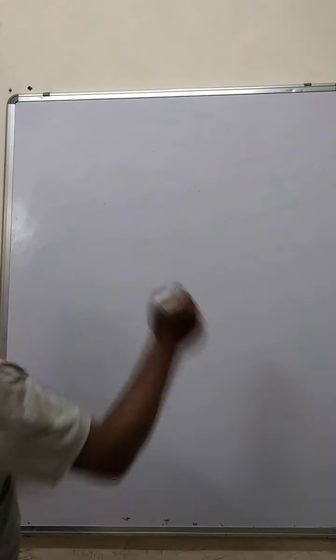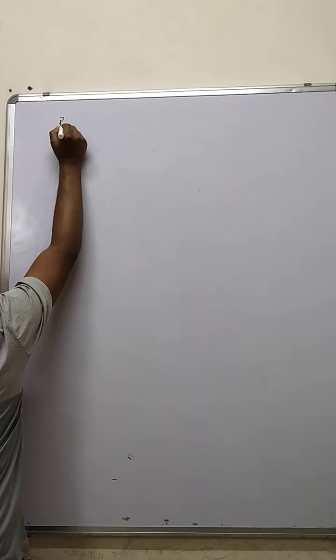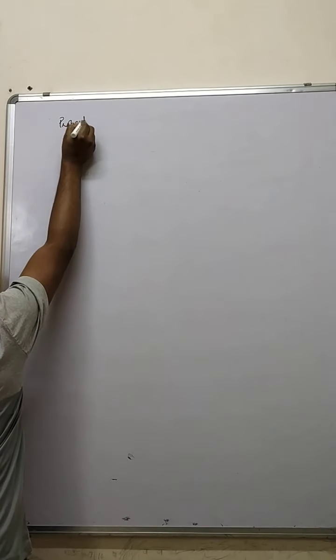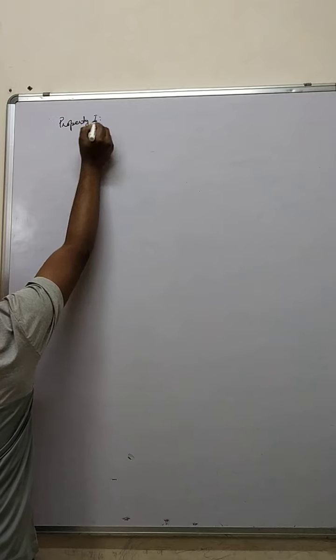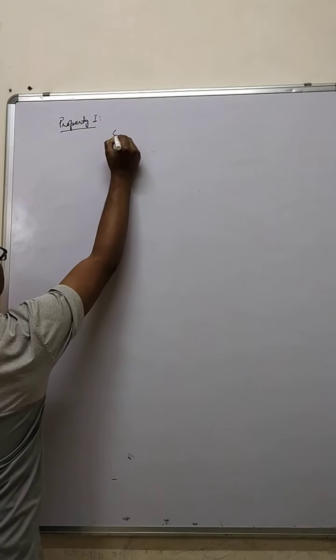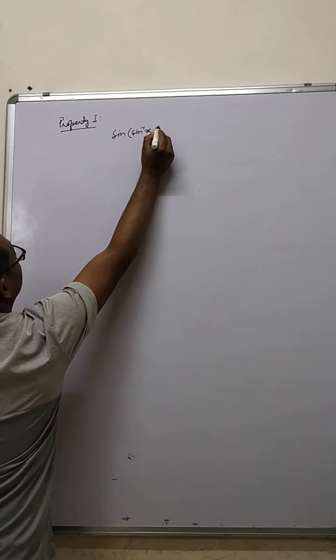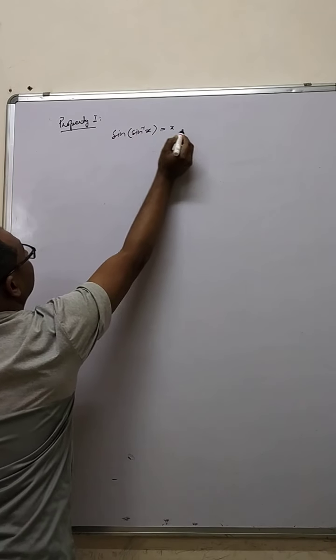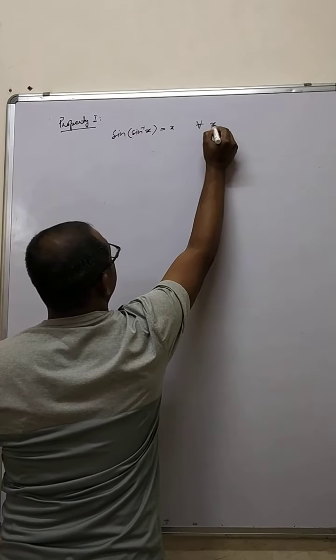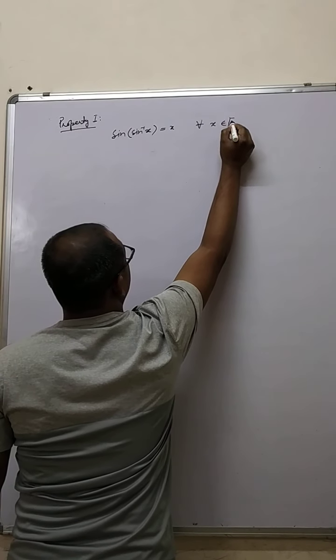The first, property 1, is sin(sin inverse x) = x for all x belonging to -1 to 1.